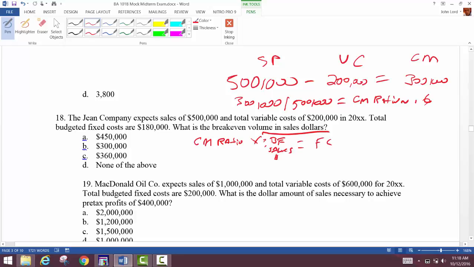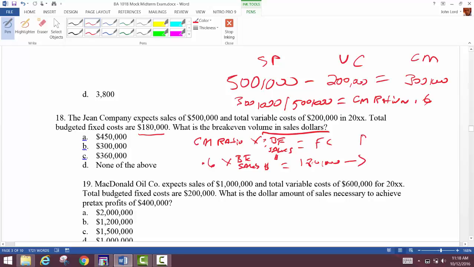And so I have a contribution margin ratio of 0.6 times the unknown, the break even sales dollars is going to equal, how much is my fixed cost? 180,000. Good. And then I just do the algebra on that.